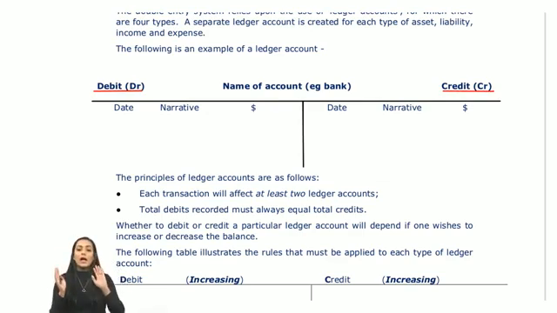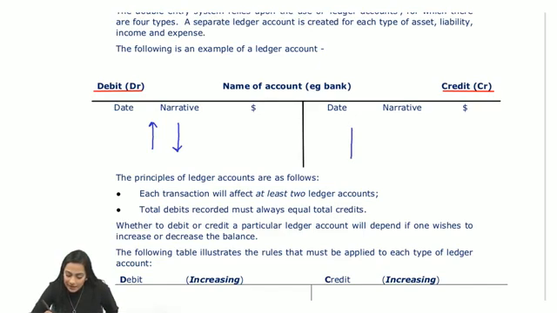Now, it's the rules of debits and credits which tell you which side something should appear in. So if something is on the debit side, it could mean that something in this account has gone up or gone down. But if it appears on the credit side, it means something in this account has gone up or something in this account has gone down.